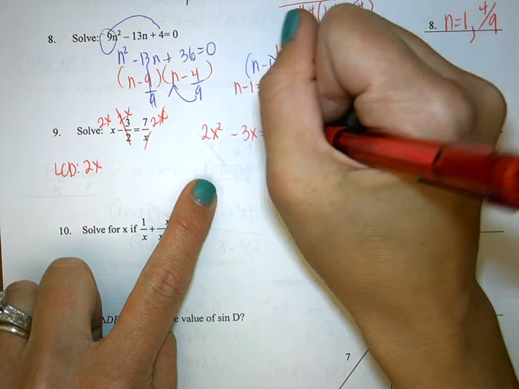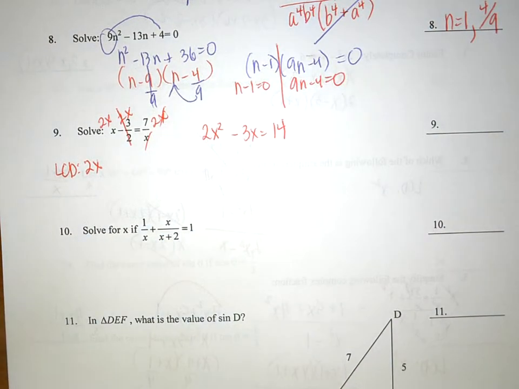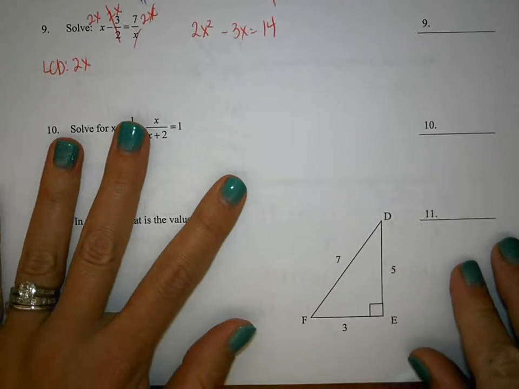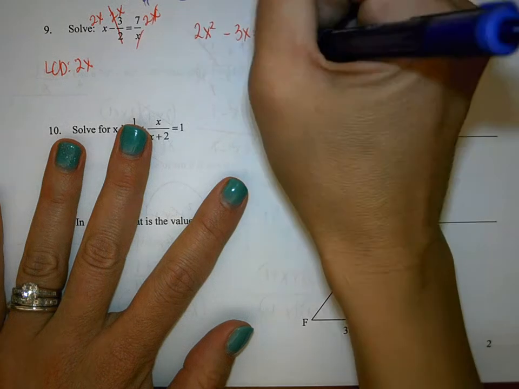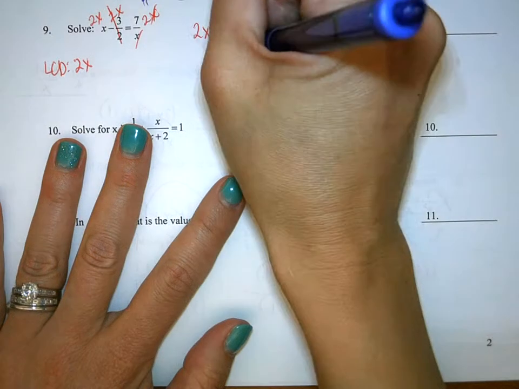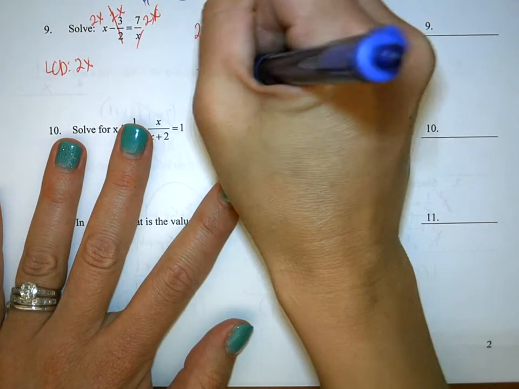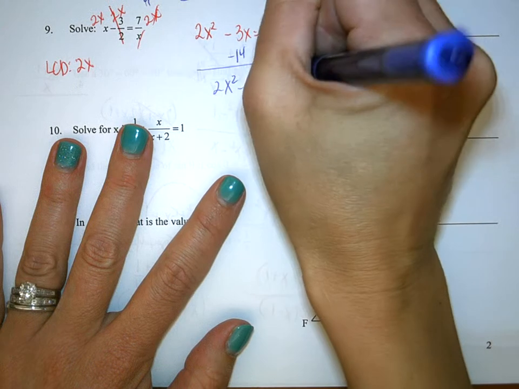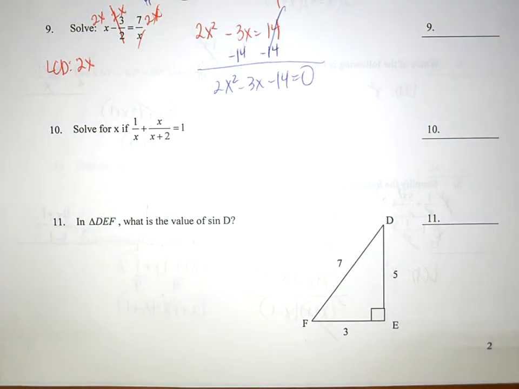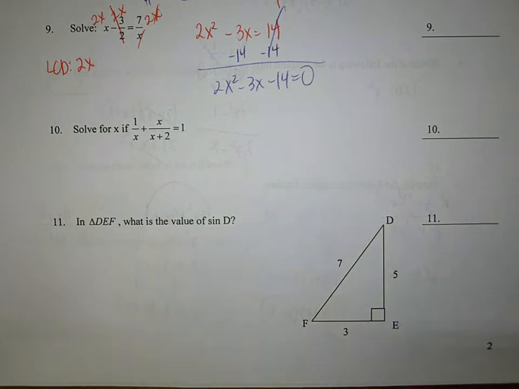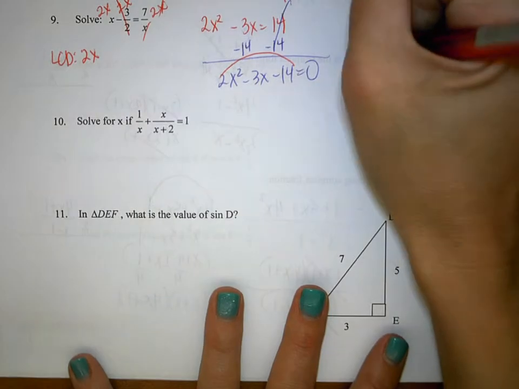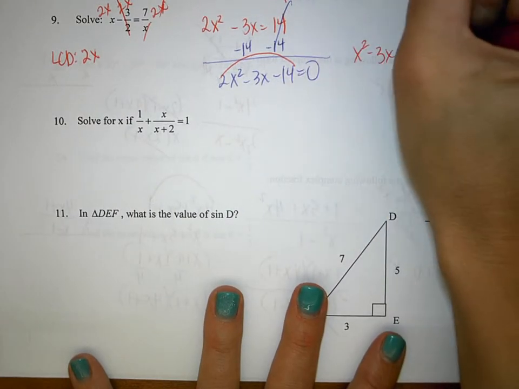14. Okay, what can I do now? Subtract 14. Good job. Subtracting 14 is correct. 2x squared minus 3x minus 14 equals 0. Good job. Okay, x squared minus 3x minus 28 equals 0.